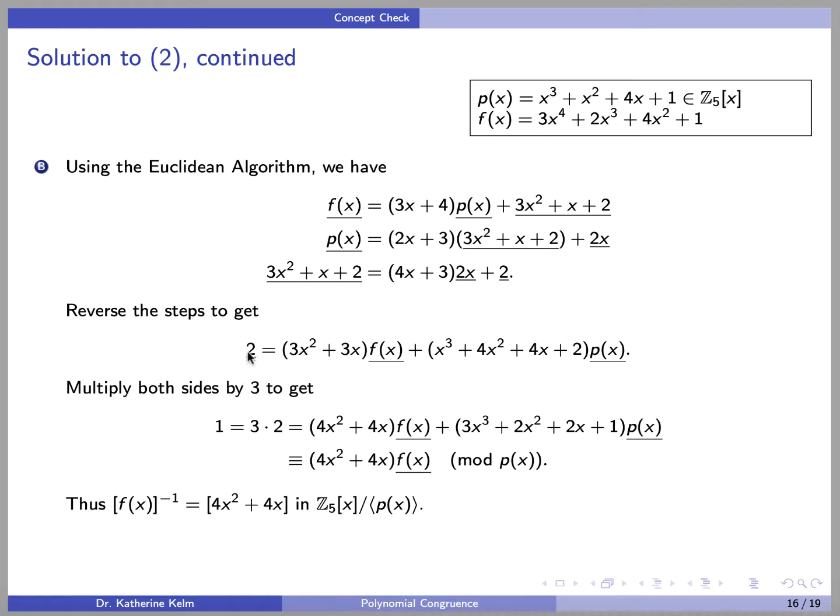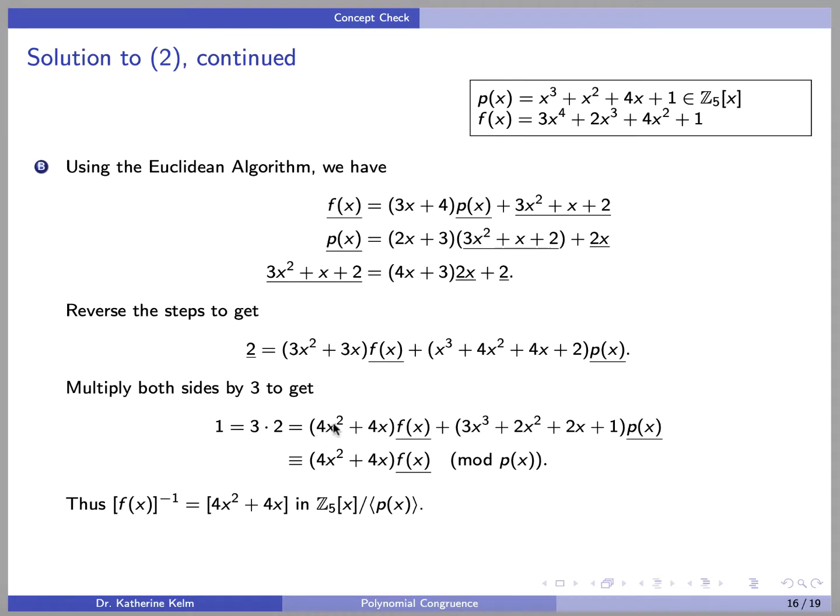Then we need to express 1 as a linear combination of f of x and p of x. So we can multiply both sides by the inverse of 2 in Z5, which is 3. So we multiply both sides by 3. On the left-hand side, we'll get 3 times 2, which is 1 in Z5. And then if we multiply 3x squared plus 3x by 3, 3 times 3 is 9, which is 4 in Z5.